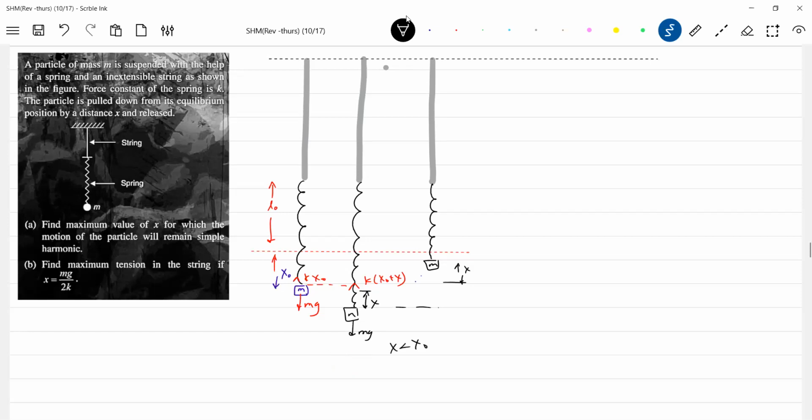If it becomes more than x naught, then what will happen to the string? It will become slack.